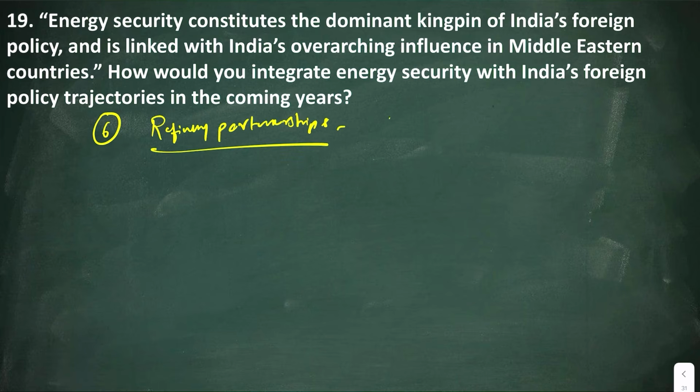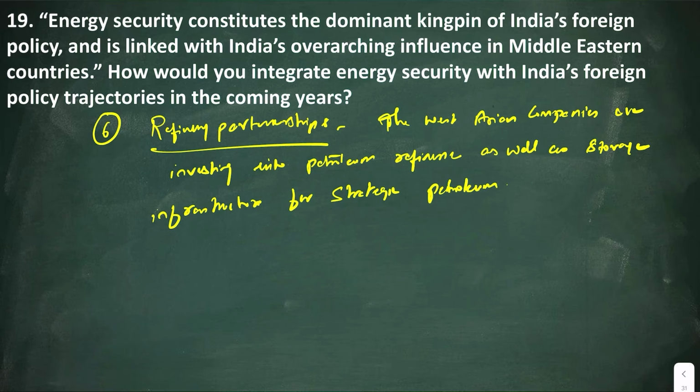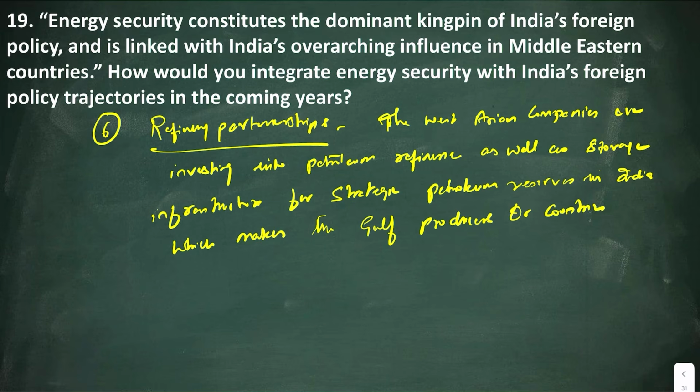Okay, here you can say the West Asian companies are investing in petroleum refineries in India, as well as storage infrastructure for strategic petroleum reserves in India, which makes the Gulf producers or countries integral part of Indian energy architecture.